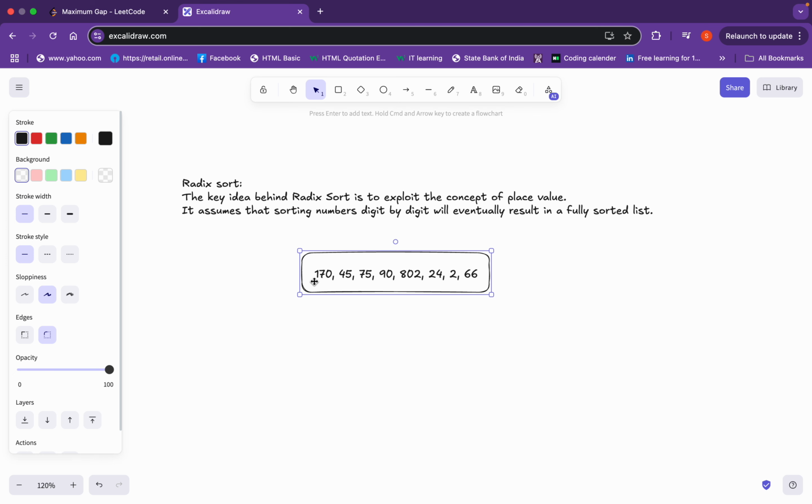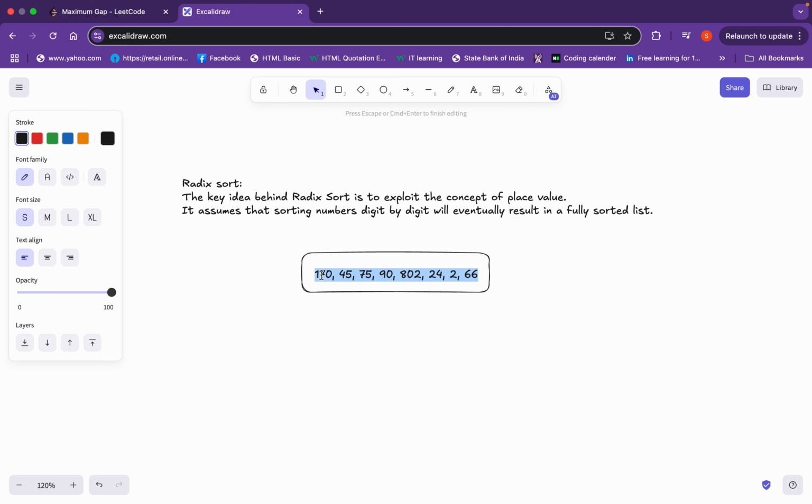We will be sorting this from least significant bit to more significant bit. In case you don't know what is least significant bit and most significant bit: the least significant bit of a number is the value present at the ones place.